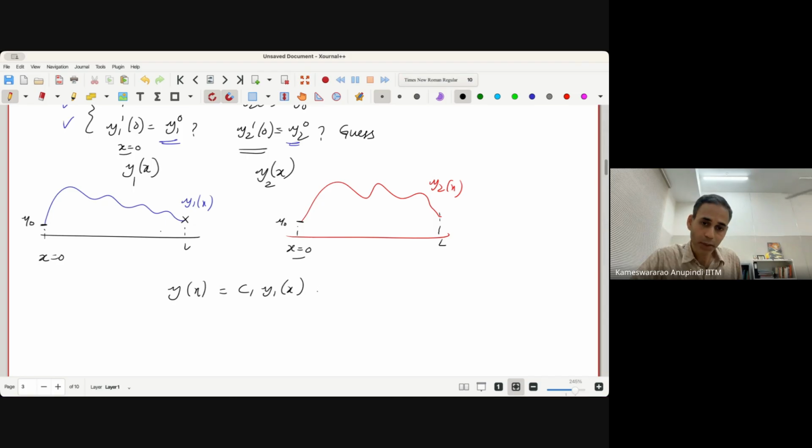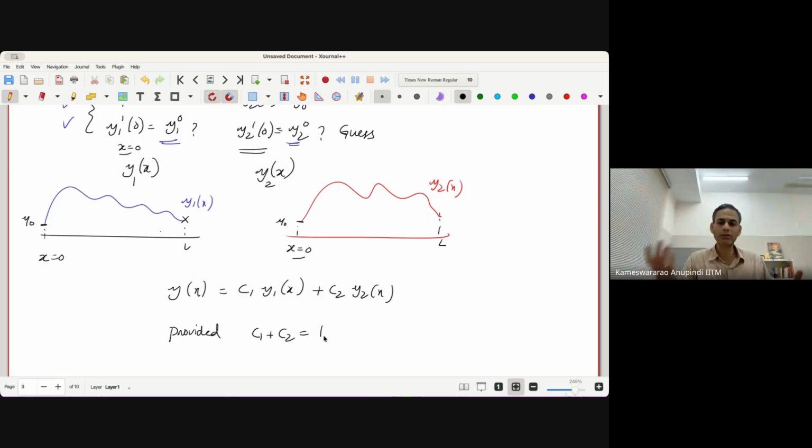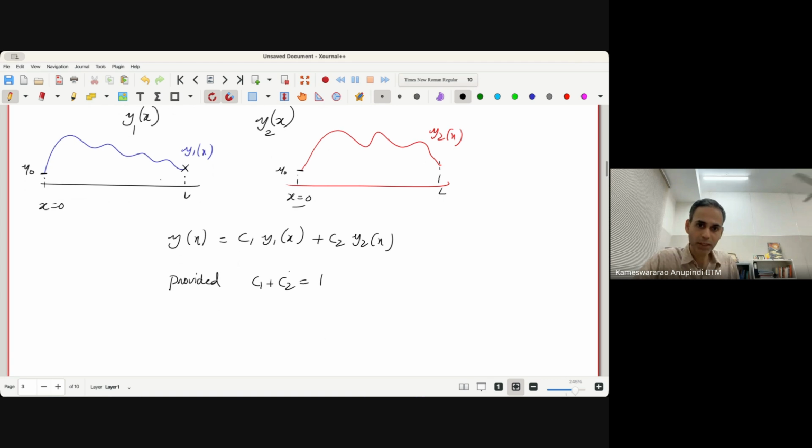So I can say c1 times y1 of x plus c2 times y2 of x, which gives y of x, is also a solution to the problem, provided c1 plus c2 sum to 1, right? We can have 50% of this and 50% of that, or 30% of this and 70% of that, and so on. This will also be a solution because the given problem is linear.